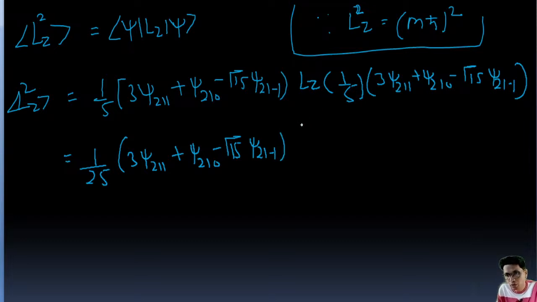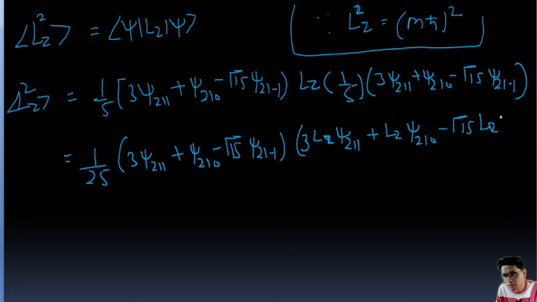Lz we are going to operate it, so it is going to be Lz psi 211 plus Lz psi 210 minus root 15 Lz psi 21 minus 1, right?